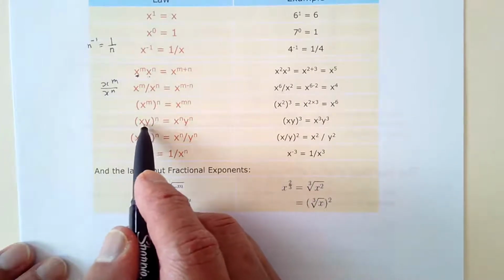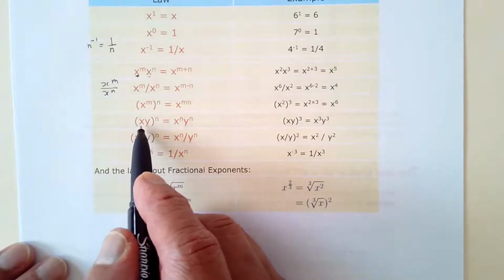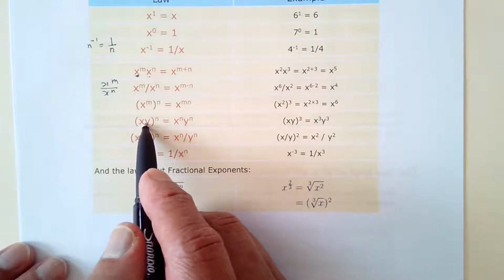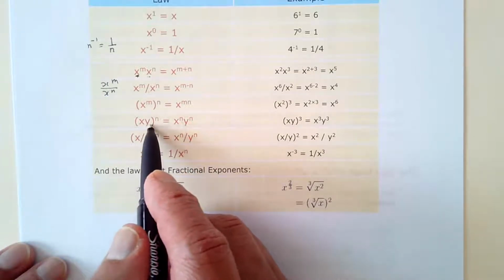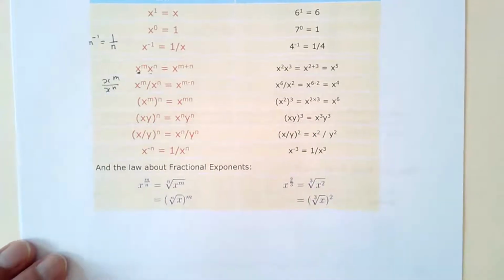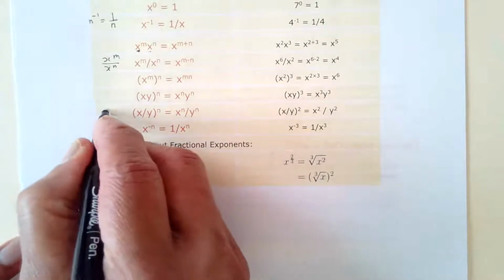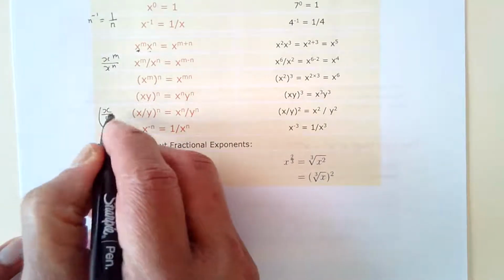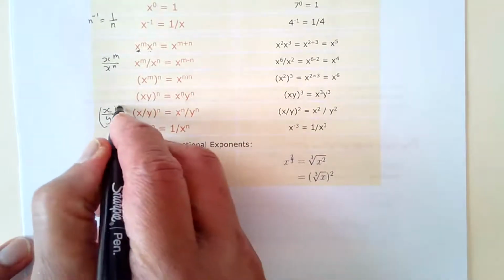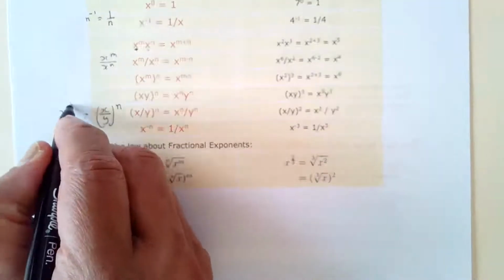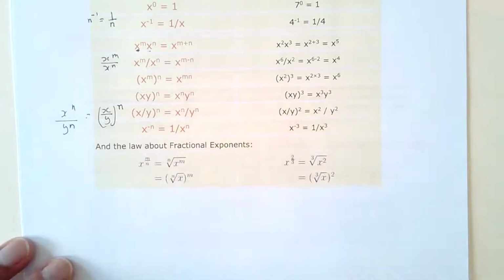Now, when we have the product in the bracket, we can expand that and write x to the power n times y to the power n. The same would apply to division, which is x to the power n over y to the power n.